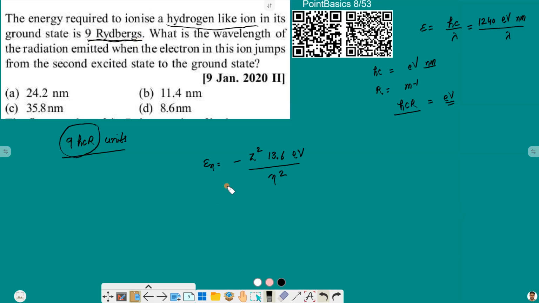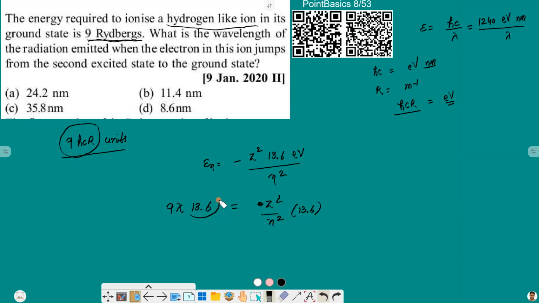So I can equate, ignoring the negative sign, 9 hcR to Z square by n square into 13.6.